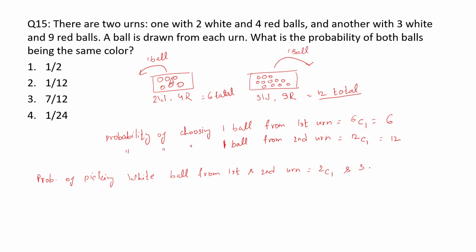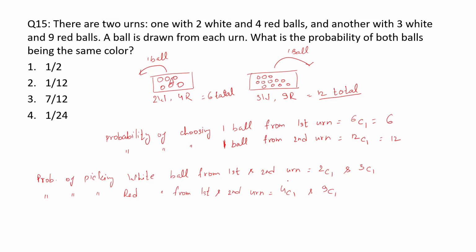It is 3C1. Right? Similarly, probability of picking a red ball from the first and second urn. So how many red balls are there in the second one? Only 4. 4C1, and in the second one 9C1.